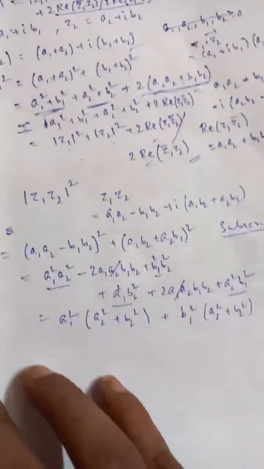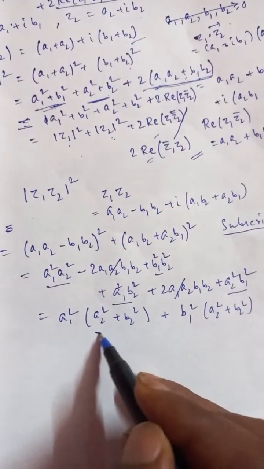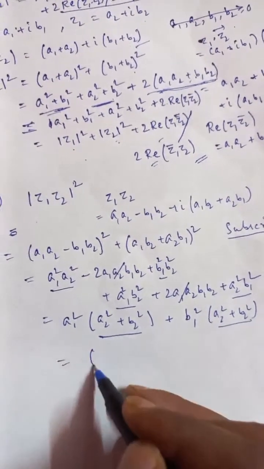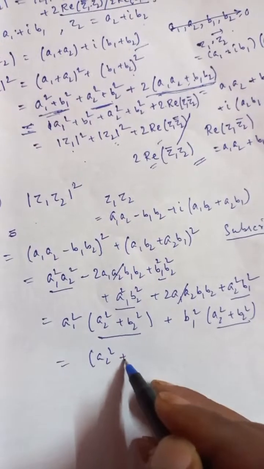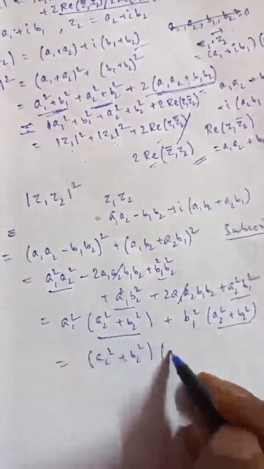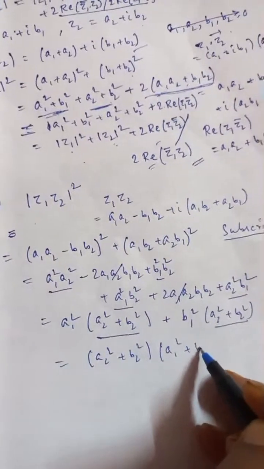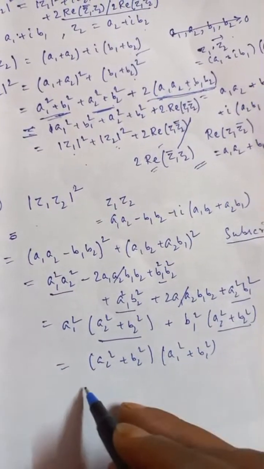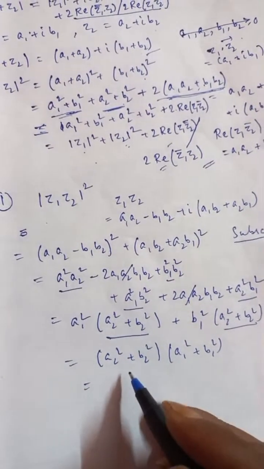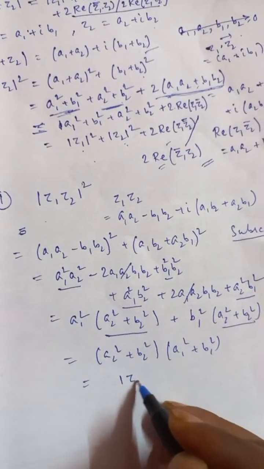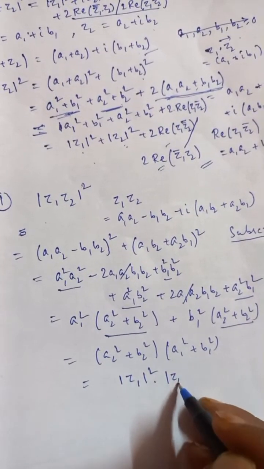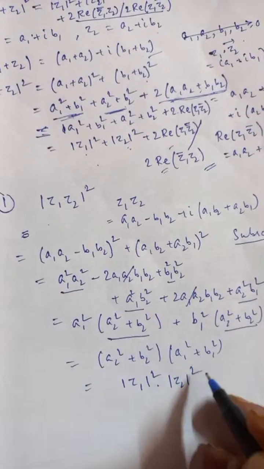Then you can take common a2 whole square plus b2 whole square, and we will get a1 whole square plus b1 whole square. So if we put this, we will get mod of z1 whole square times mod of z2 whole square.